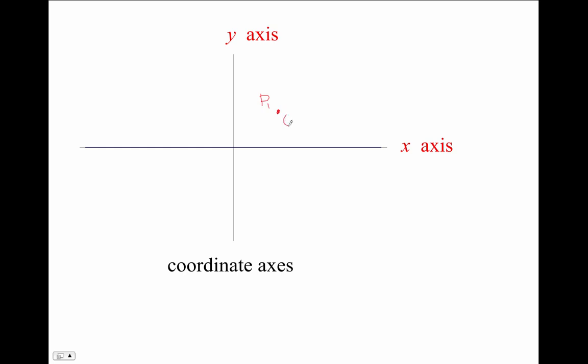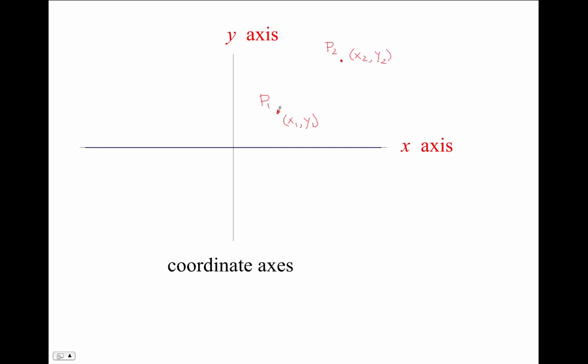It has coordinates x1 and y1, which means I go x1 units along the x-axis, y1 units along the y-axis. And let me take a second point, call it P2, which has coordinates x2 and y2.